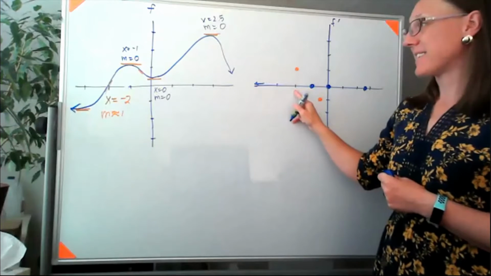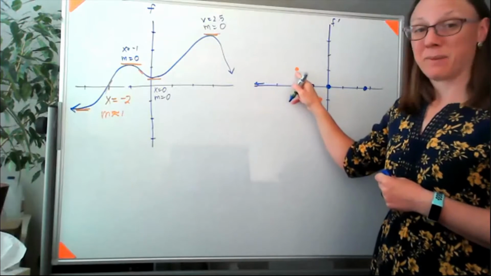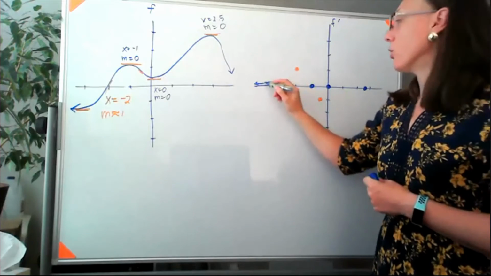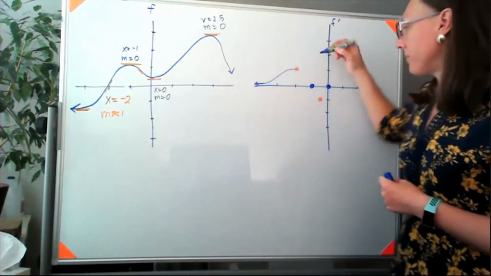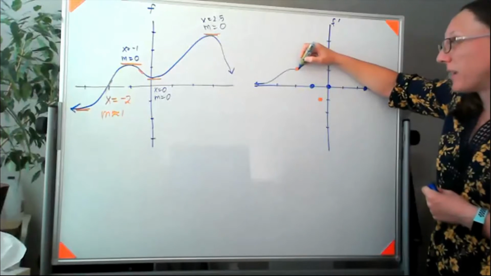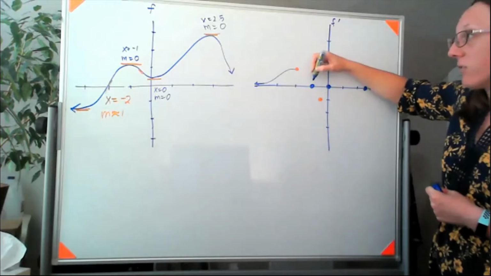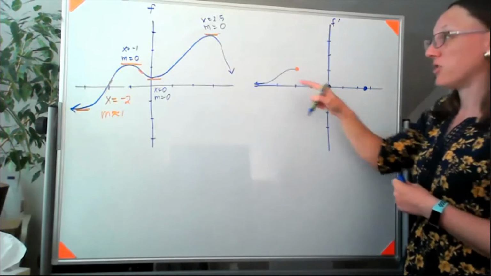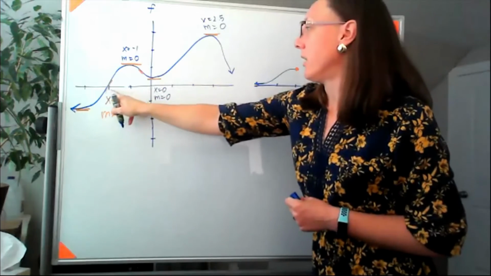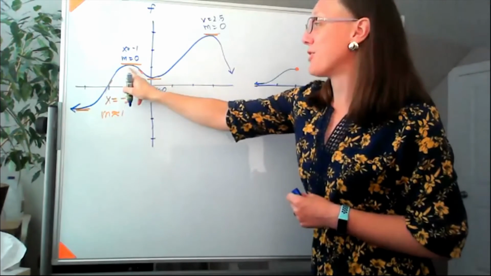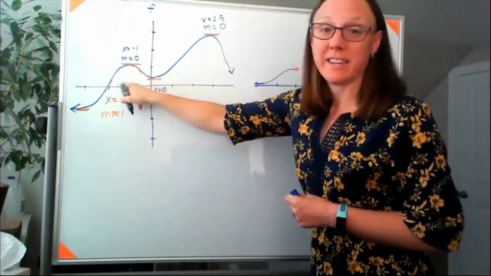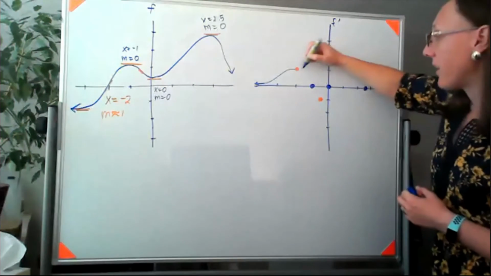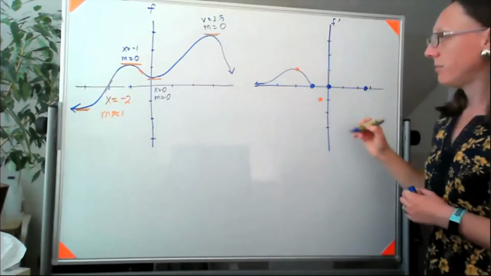I know that at x equals -2, that's my steepest slope or my largest slope I'm going to hit. And then between -2 and 1, my slopes continue to be positive, but they're leveling out to 0.